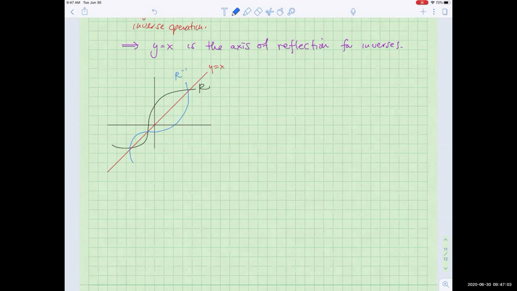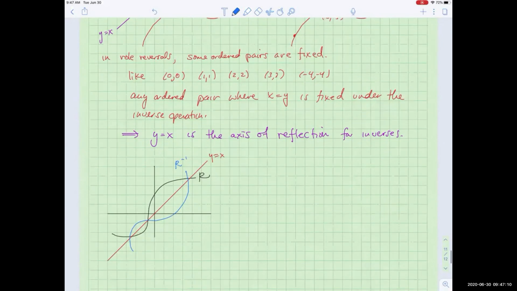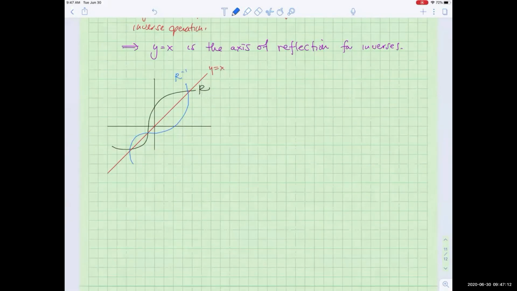That would be R inverse. So that's the idea for inverses graphically.